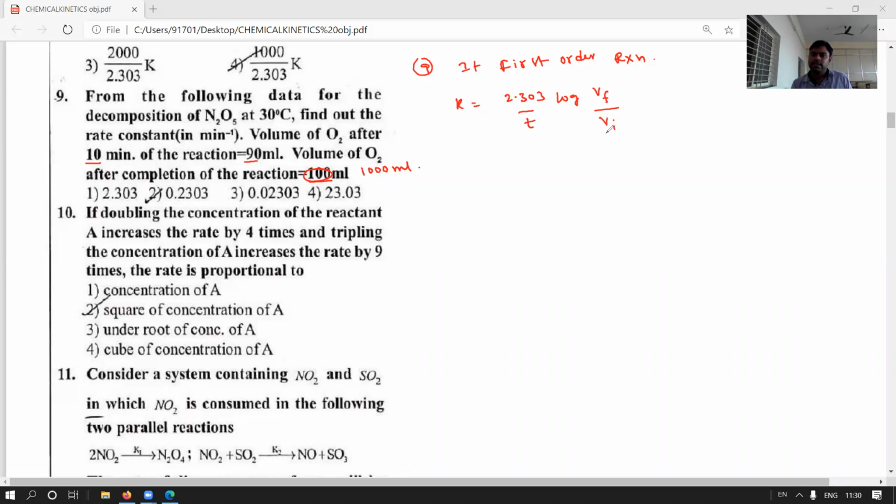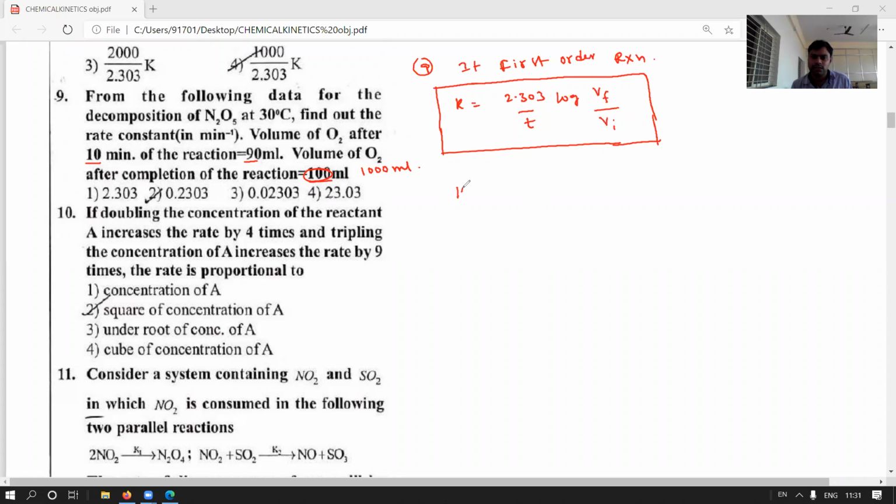But at the completion of the reaction O2 formed is 1000 ml, while at 10 minutes this volume is only 90 ml. That point we need to observe. According to that, for first order reactions in terms of volumes formed by one of the products, the formula becomes K is equal to 2.303 by t into log Vf by Vi.